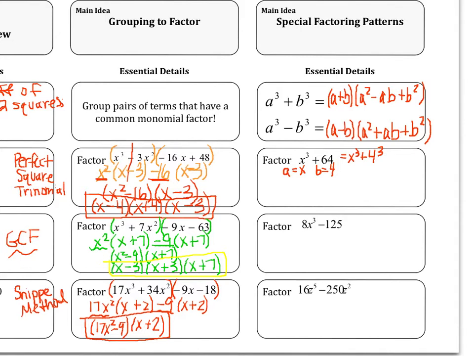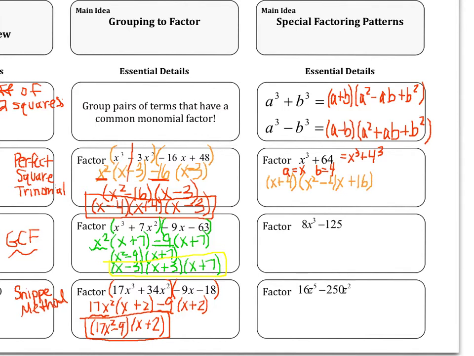So let's follow our pattern. Since they're added, we're going to follow the top pattern. So this becomes x plus 4, times the quantity a squared, a is x, so x squared, minus a times b, so 4 times x, so minus 4x, plus b squared, and b squared, that's 4 squared, so plus 16.